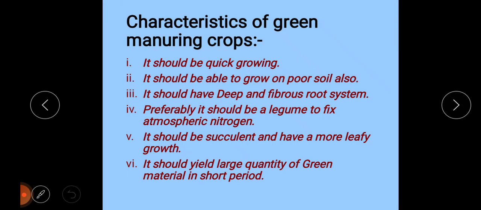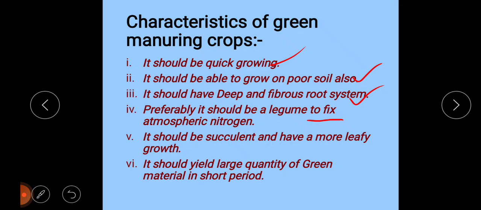Now the characteristics of a green manuring crop. The good characteristics are, first, it should be quick growing. Then it should be able to grow on poor soil also. Then it should have a deep and fibrous root system, so it is better at utilizing soil resources. Fourth, it should preferably be a legume, to fix atmospheric nitrogen and increase nitrogen availability.